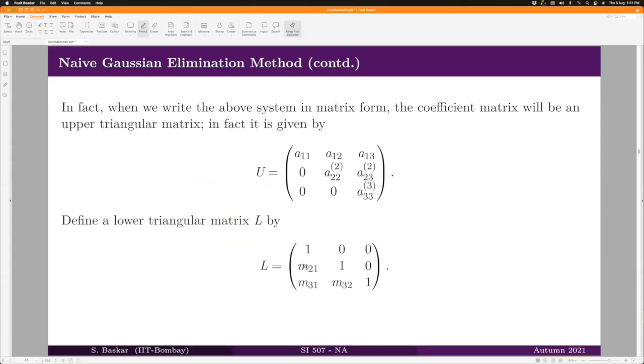And remember, whatever m quantities that we multiplied at each step, they can be arranged in a matrix form, and that will come to be a lower triangular matrix. And in fact, you can see that L into U will be equal to A. This is just an interesting remark which will be useful in our next method, which is the LU decomposition method.